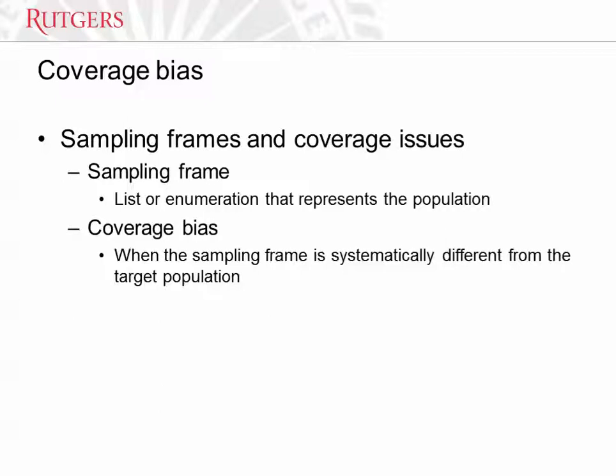So if we use the 990 data as our sampling frame, there would be a kind of bias there. We'd be focusing more on larger, more established nonprofit organizations that have at least a minimum operating budget. So the issue of leaving out small organizations would be a possible coverage bias issue. That's when the sampling frame is systematically different from the target population that we're interested in.